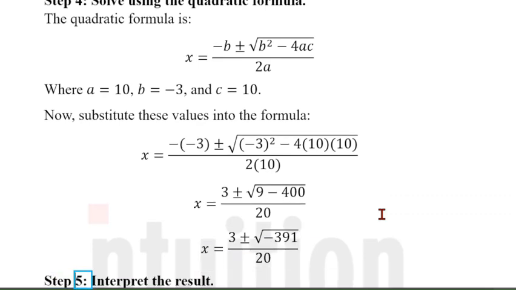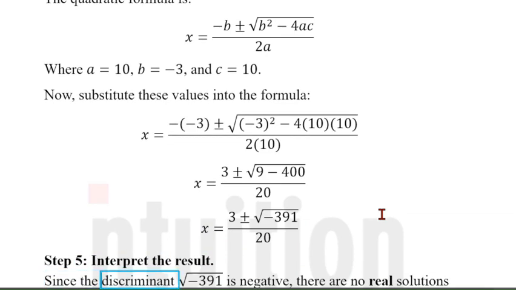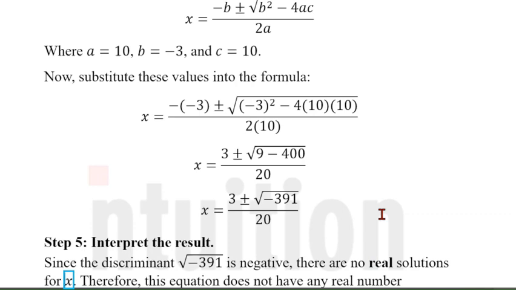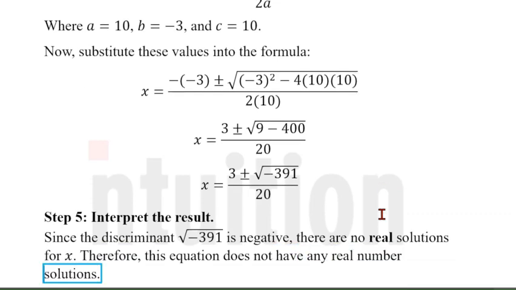Step 5. Interpret the result. Since the discriminant, the square root of minus 391, is negative, there are no real solutions for x. Therefore, this equation does not have any real number solutions.